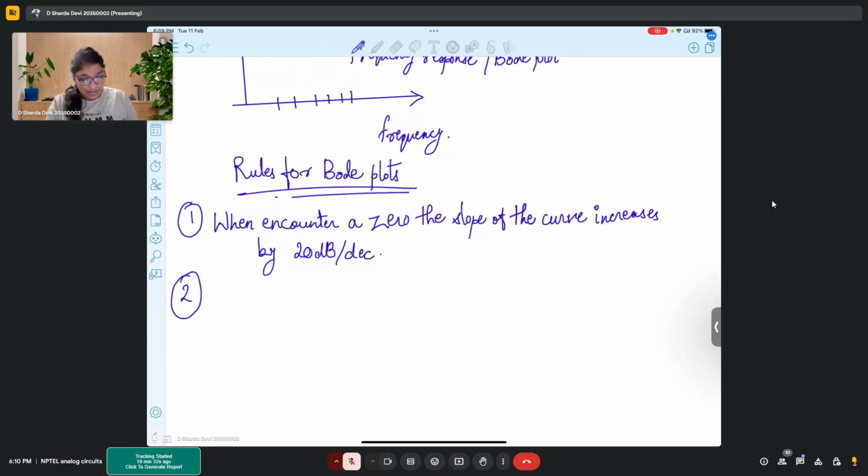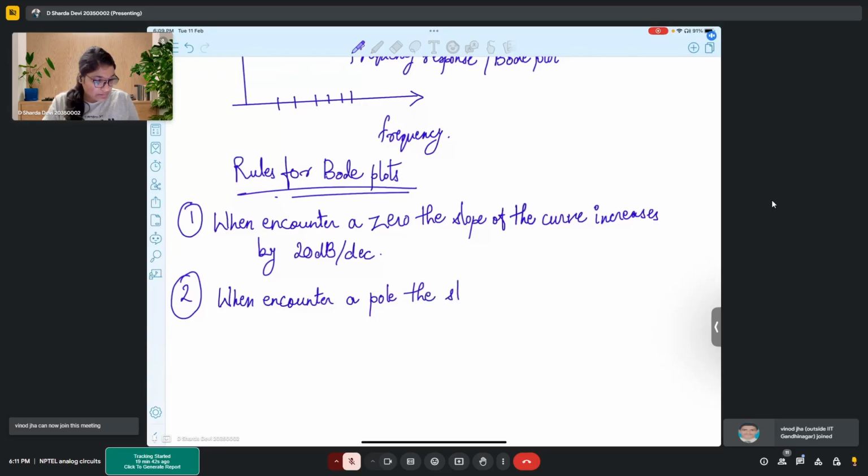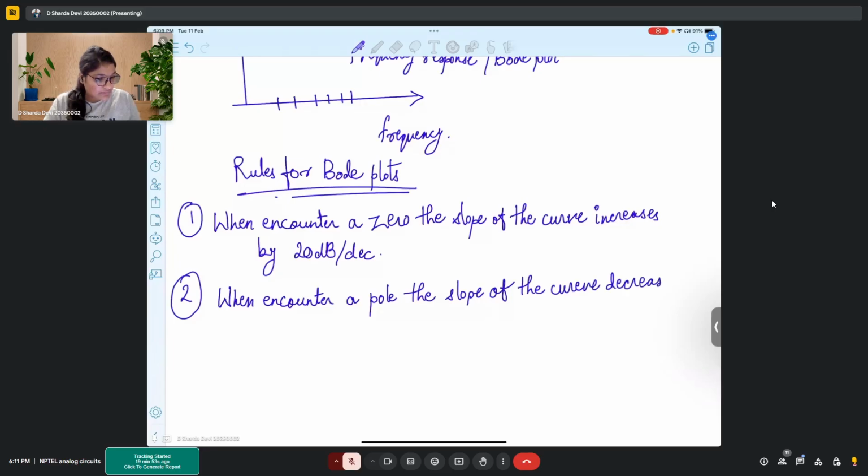Okay. So similarly, when we encounter a pole, the slope of the curve decreases by 20 dB per decade.